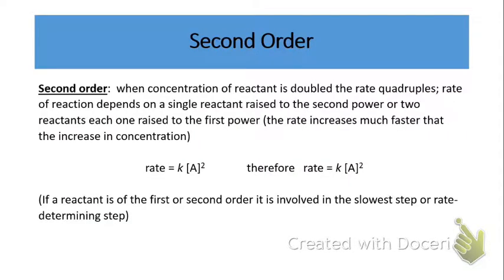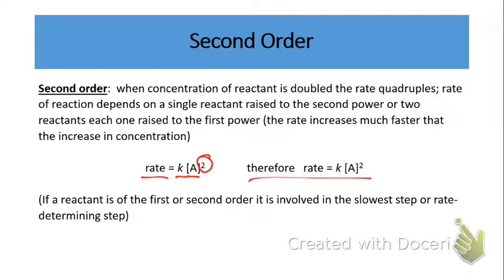Okay, let's go to a second order reaction now. So a second order rate expression can be written as the rate is equal to K times the concentration of A raised to the second power, which is the second order. So what does this exactly mean?